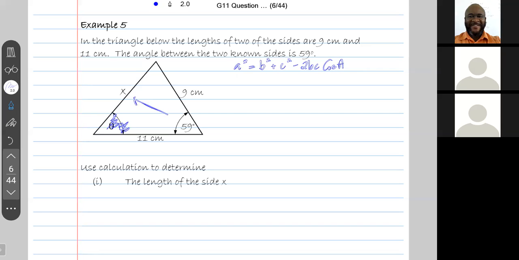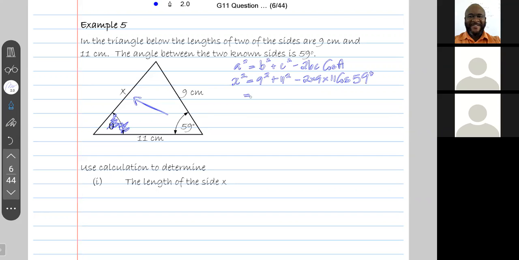So small a is x. So this is x squared. B and c are the other two sides. 9 squared plus 11 squared minus 2 times 9 times 11, the cosine of the inclusive angle, which is 59 degrees.